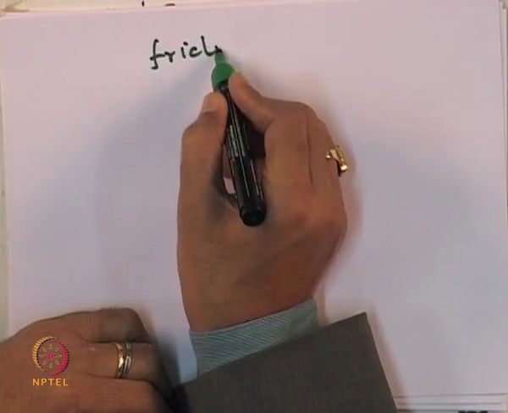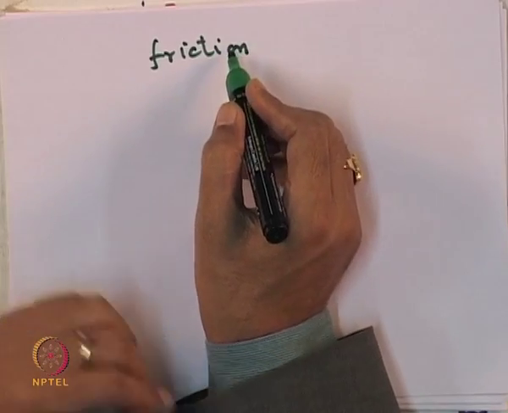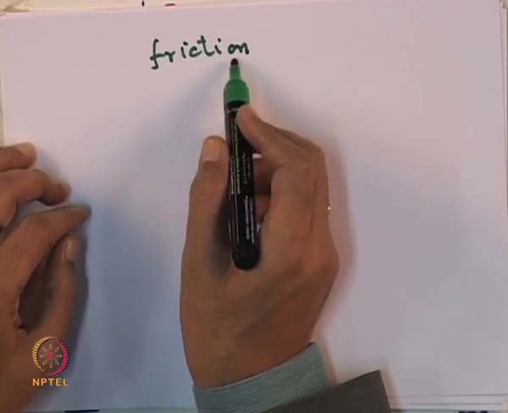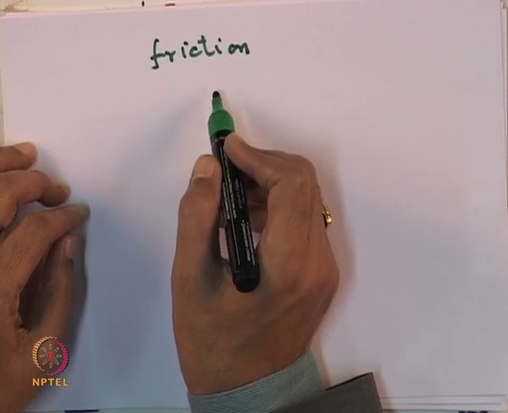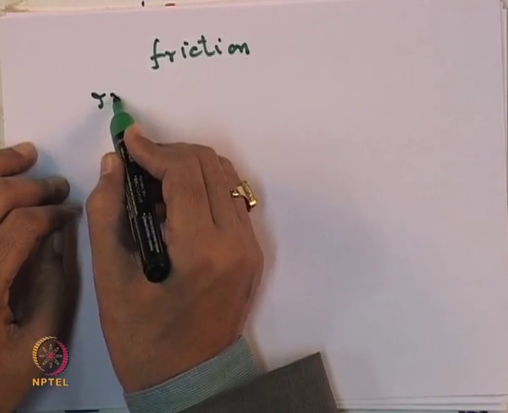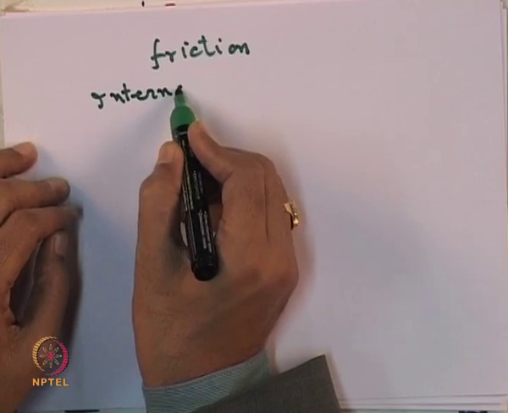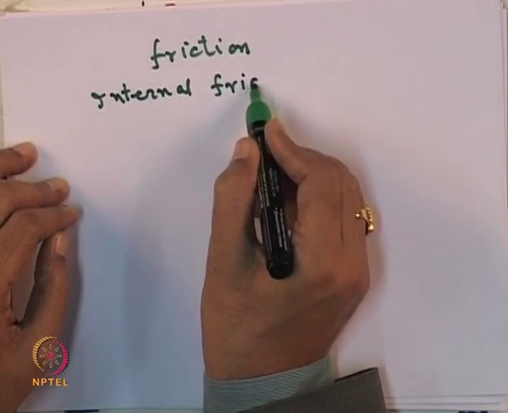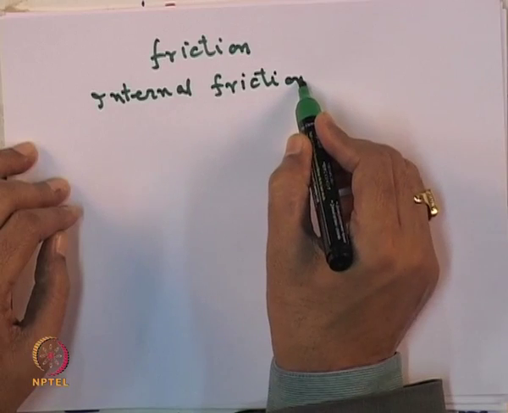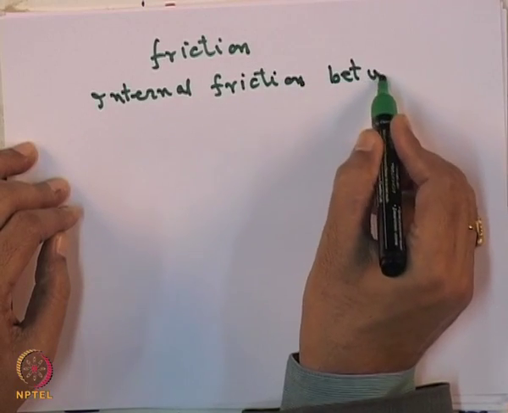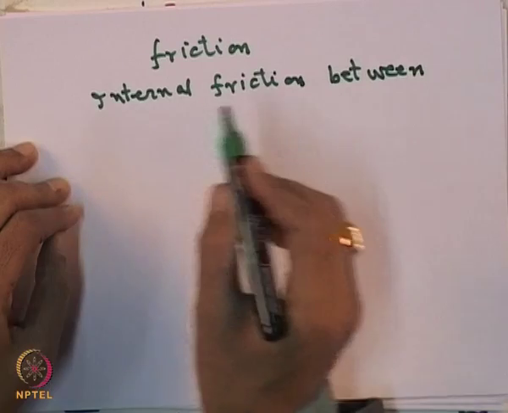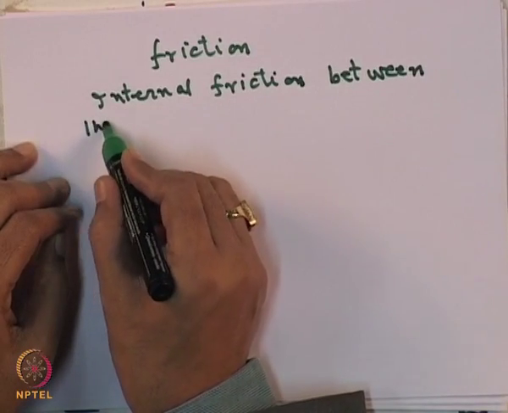One component is the friction, which is dependent on the internal friction between the soil grains. So, it is important what the internal friction between the soil grains would be.